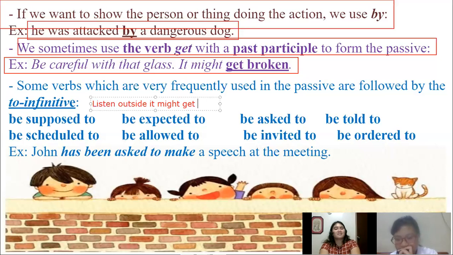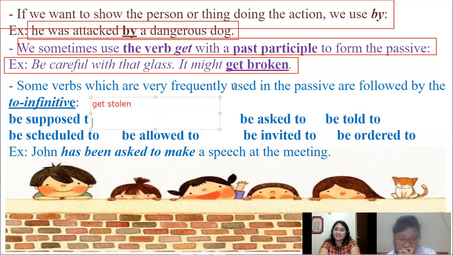I don't have an idea. Oh, use this. Use this one. Do you know what stolen is? Yes. Make a sentence using that.